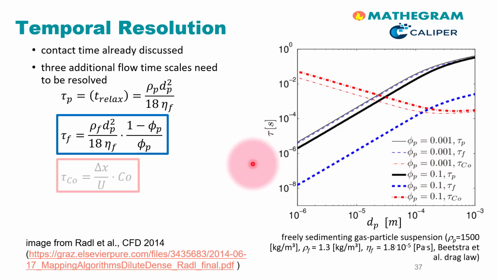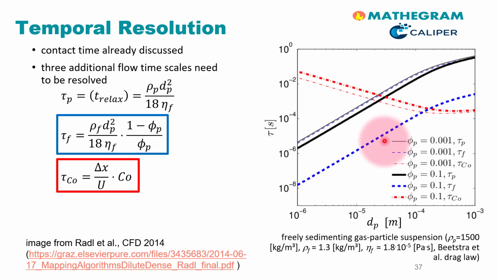This brings us already to the final timescale, which is the Courant number-based timescale tau CO. That can be derived from the definition of the famous Courant number well known in the CFD community. The Courant number is typically limited to maximum unity, and this value has also been assumed to create the figure on the right.